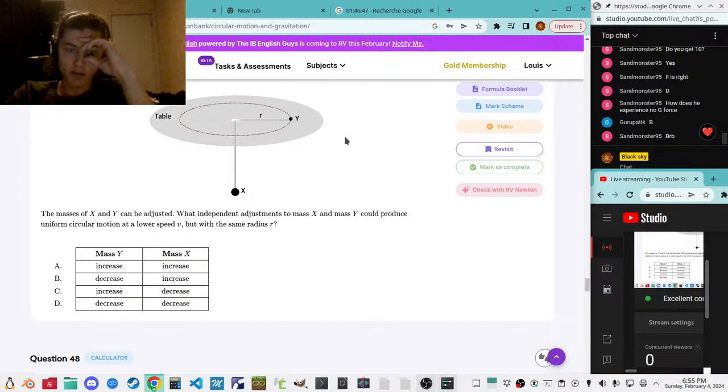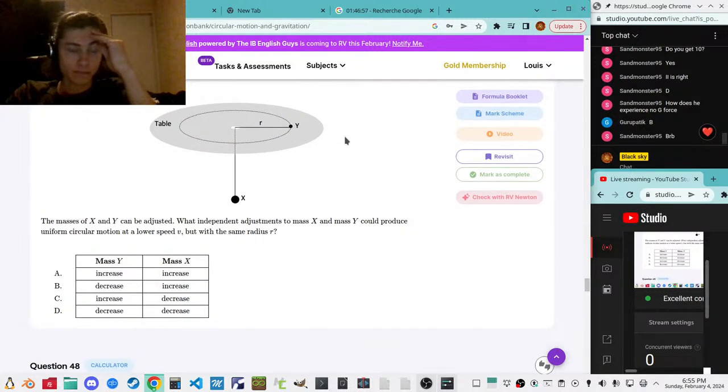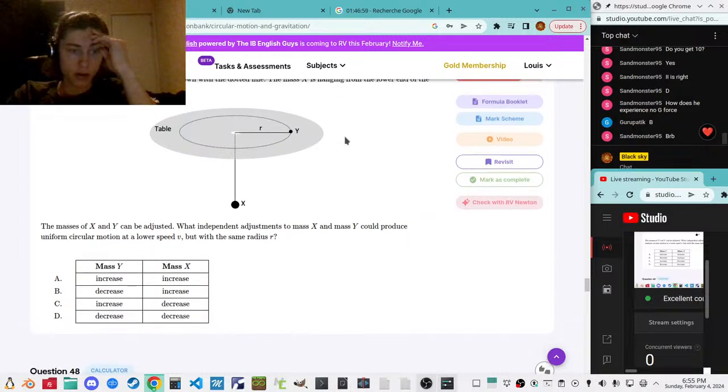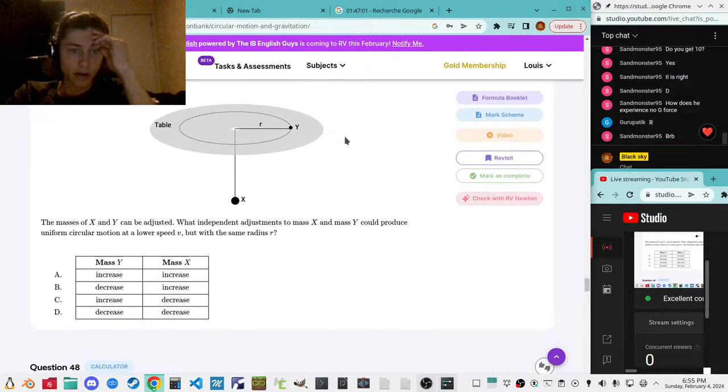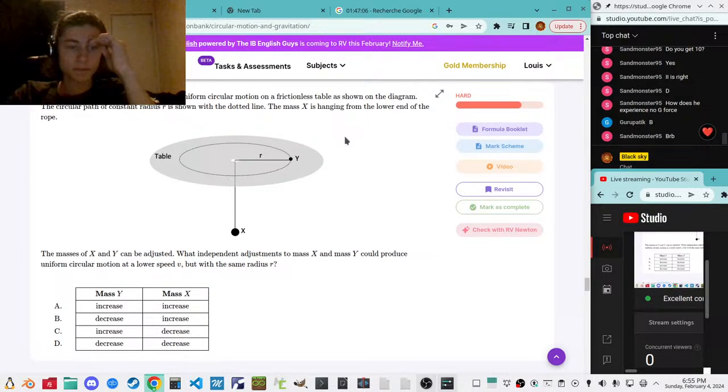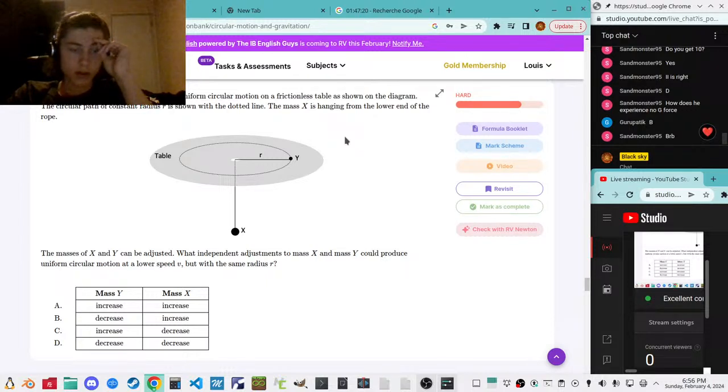What independent adjustments to mass X and Y could produce uniform circular motion at lower speed v, but with the same radius?